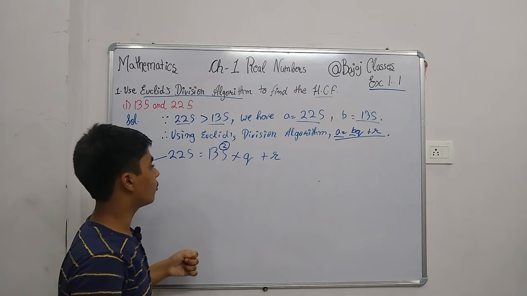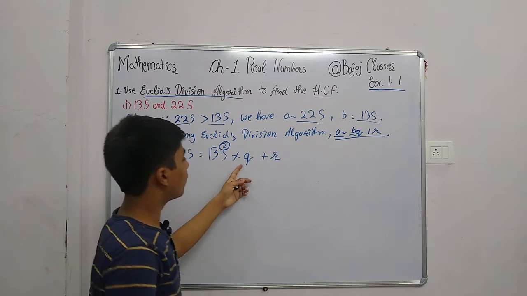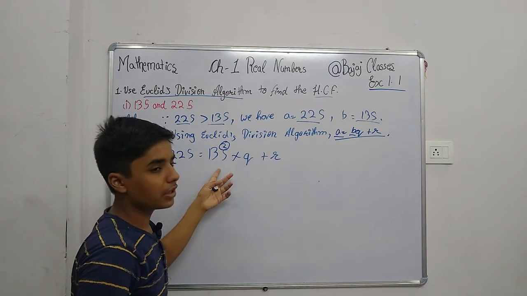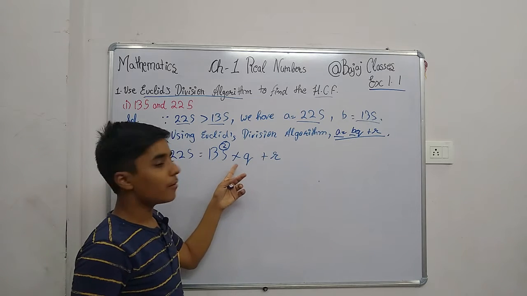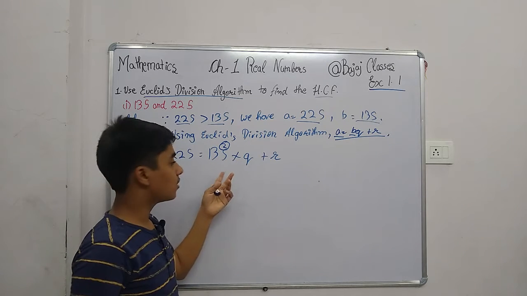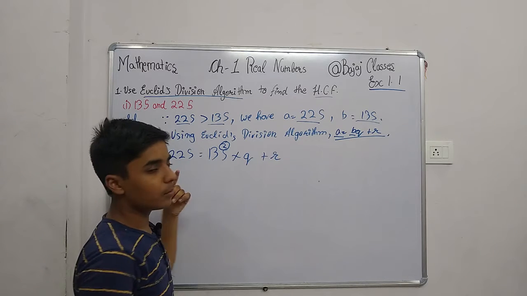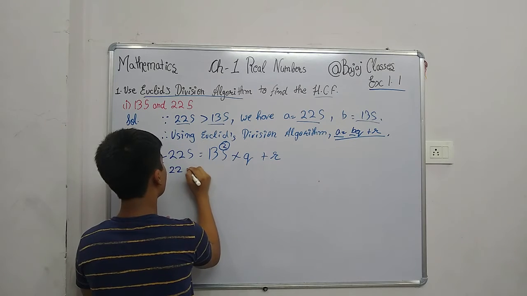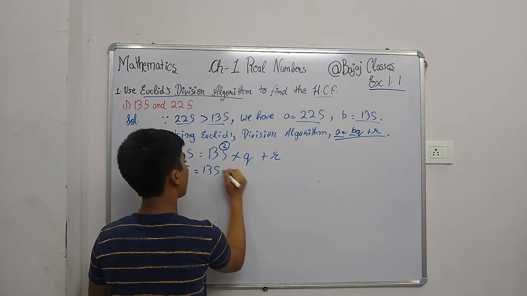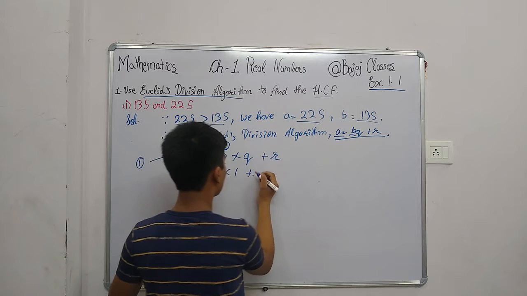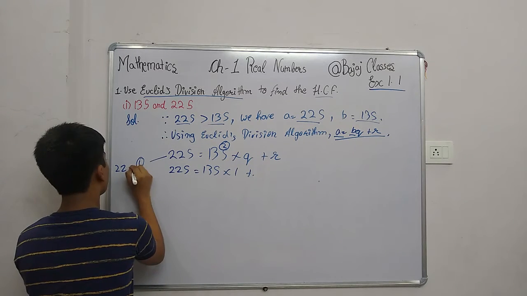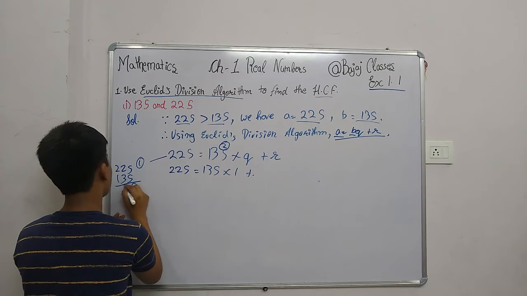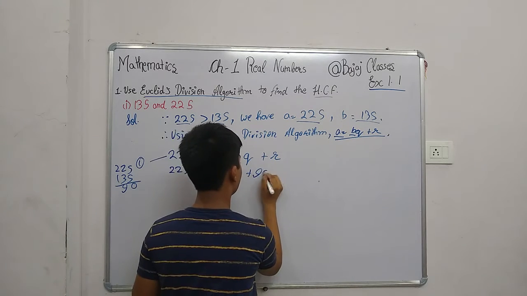And if we multiply by 2, it will be 270, which is greater than 225. Now 135 into 1, so 225 equals 135 into 1 plus remainder. What will be the remainder? 225 minus 135 is 90. So our remainder will be 90.